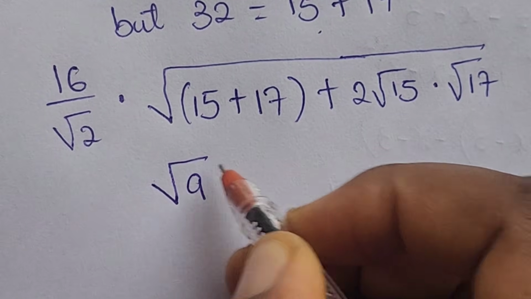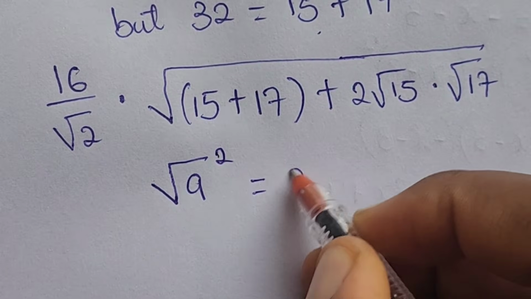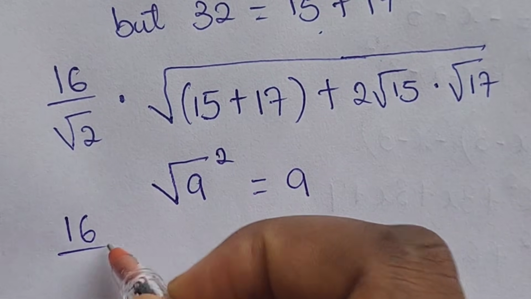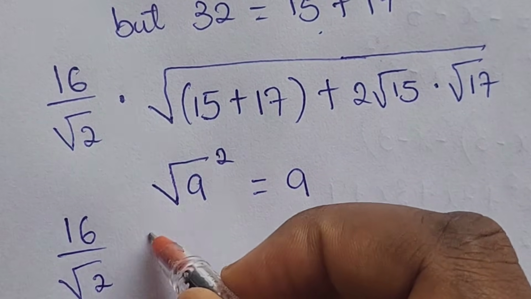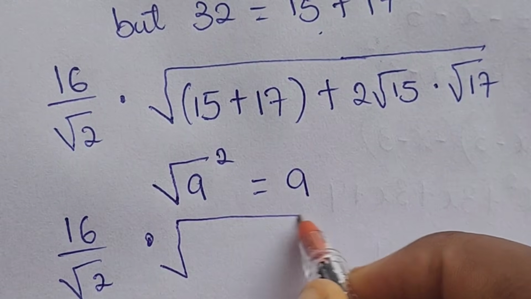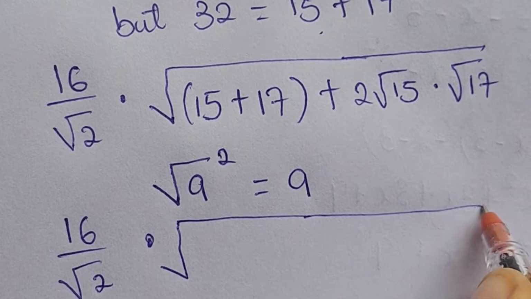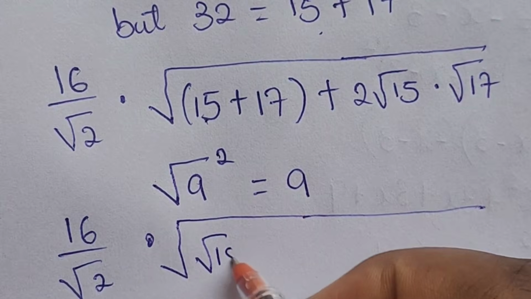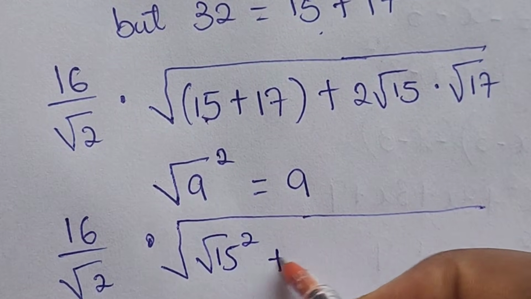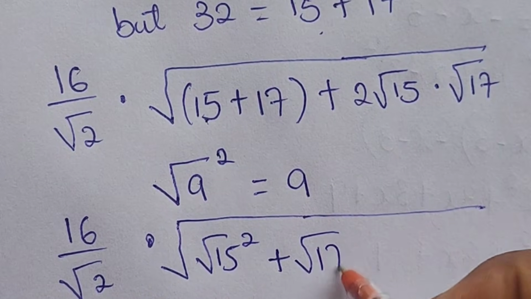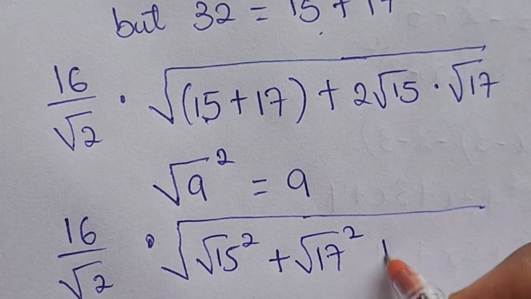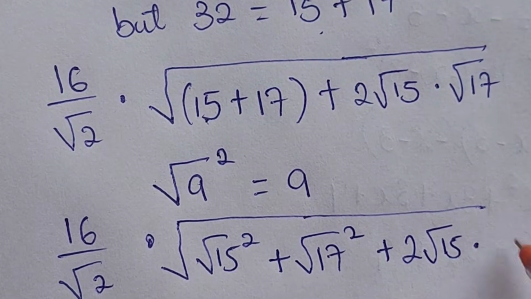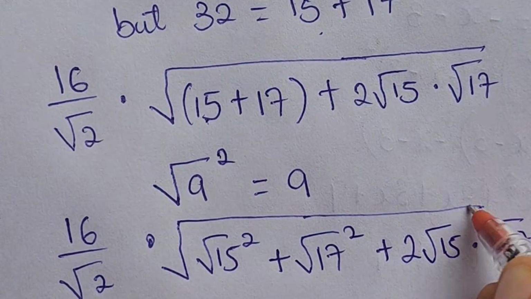When I have the square root of a all squared, this is the same as a. So our 15, we can rewrite it as 16 over root 2 times the square root of, we have 15 here, so we have root 15 squared plus root 17 all squared plus 2 root 15 times root 17.